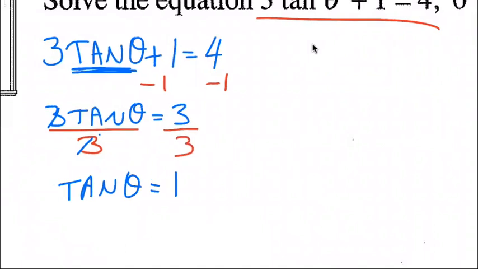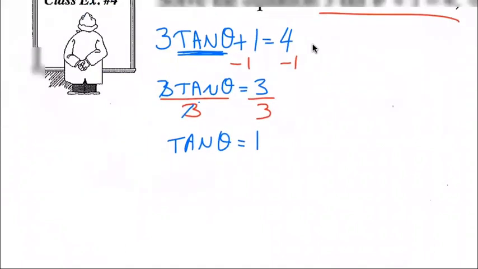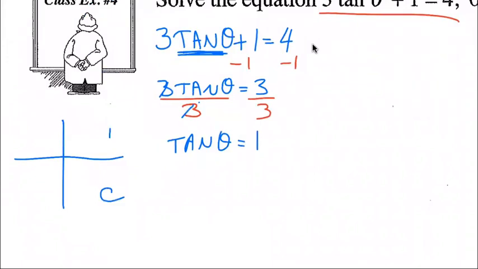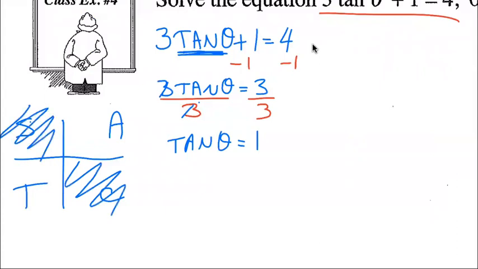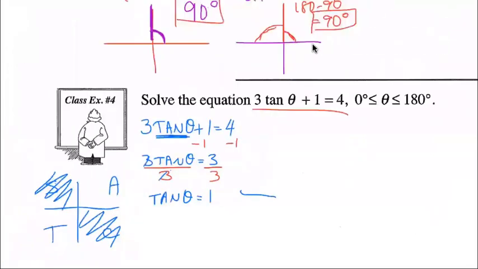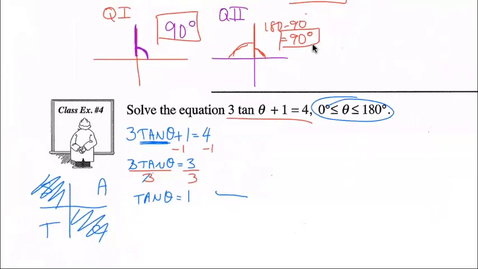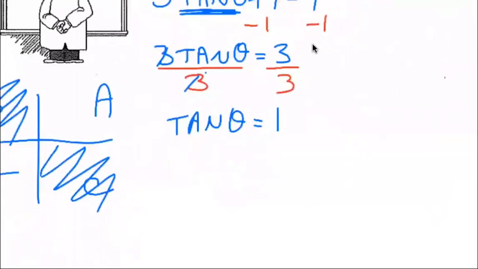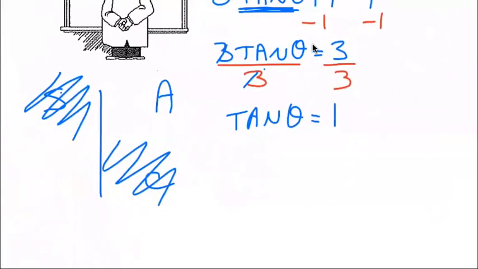Okay, so now I know that tan theta is positive. What are my possible quadrants? C, A, S, T. Well, tangent's positive there. It's negative here, and it's negative here. But again, we are only concerned with the first 180 degrees, so we're not even concerned with quadrant 3.